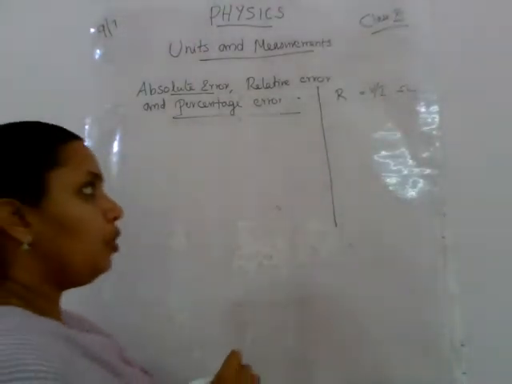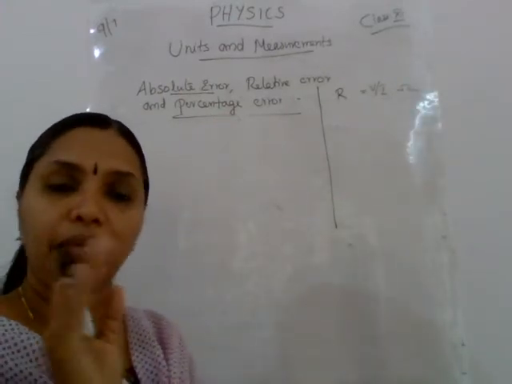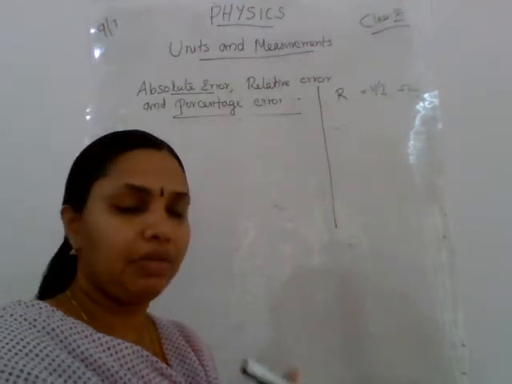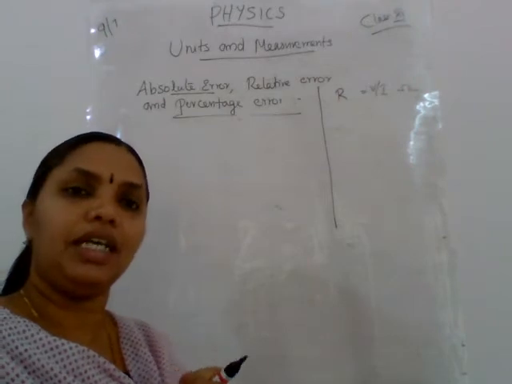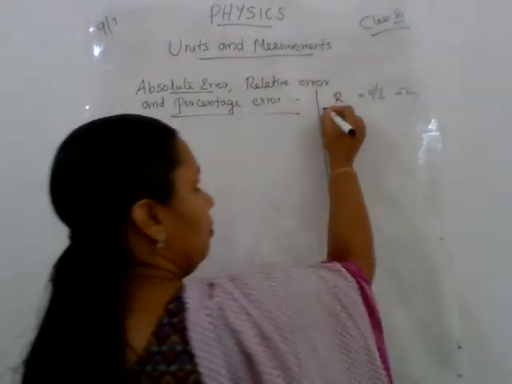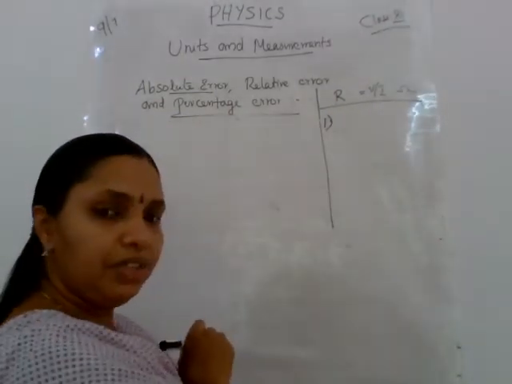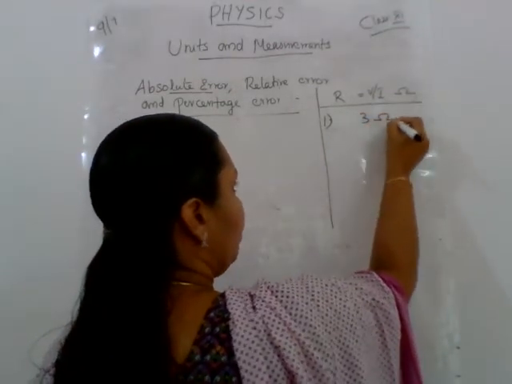How many readings have you taken? Your teacher told you to take a minimum of 5 readings. That is one of the methods to minimize error, taking a larger number of readings. Here I am writing: in the first reading, the first measurement, you got R as 3 ohm.